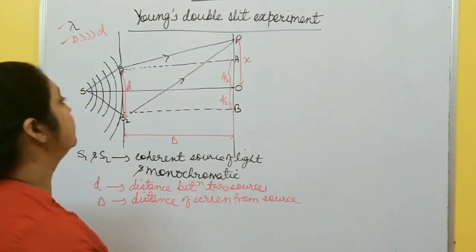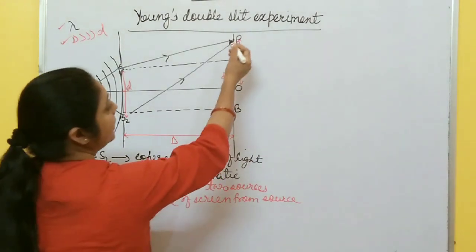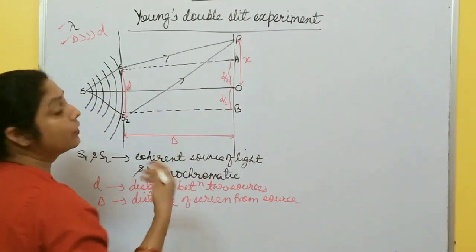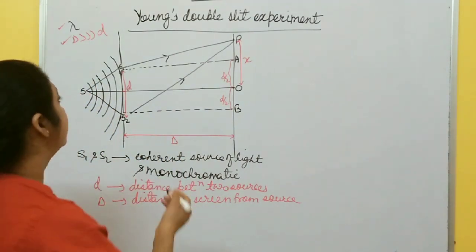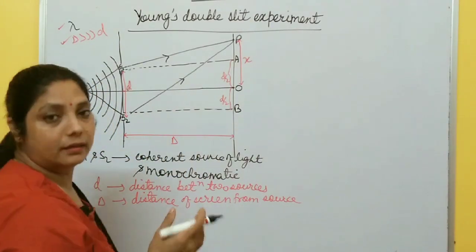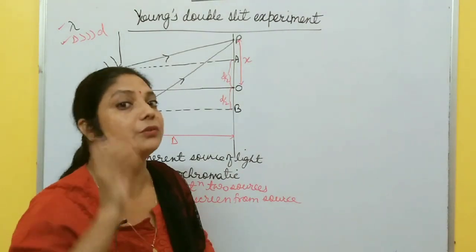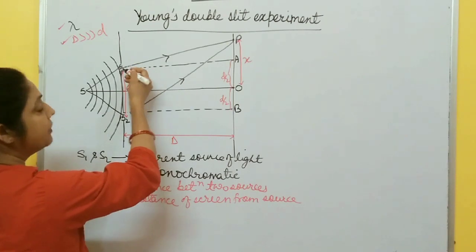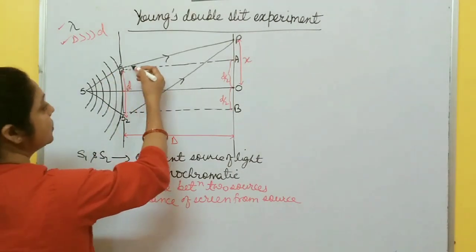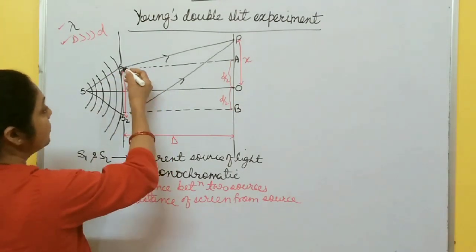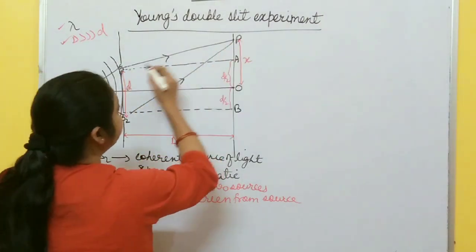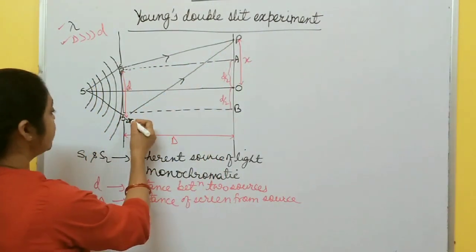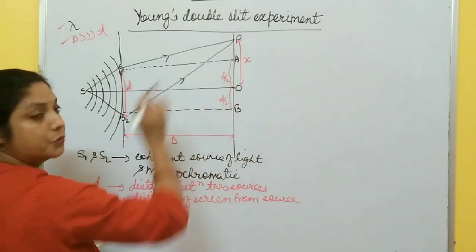Now to calculate the interference pattern, why is there this interference pattern? Due to the path difference and phase difference. What is the path difference between these two sources S1 and S2? S1 takes this path and reaches point P, S1P, and S2 takes S2P.